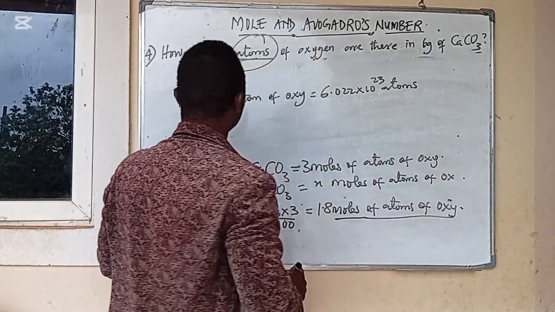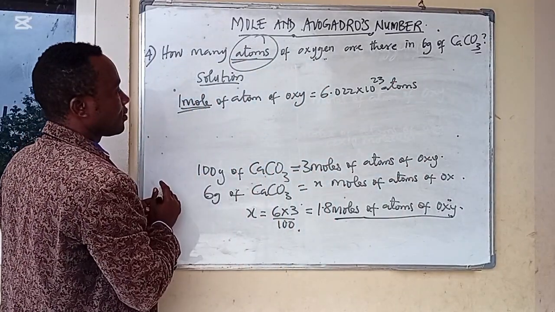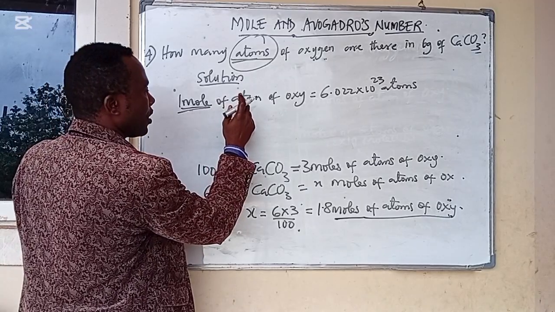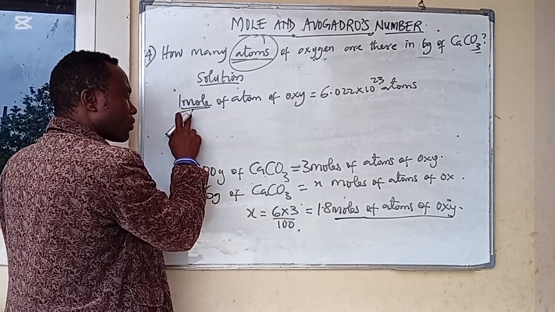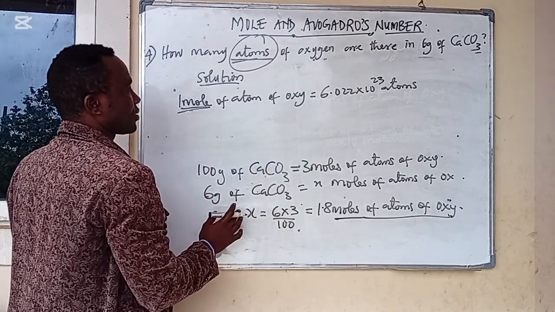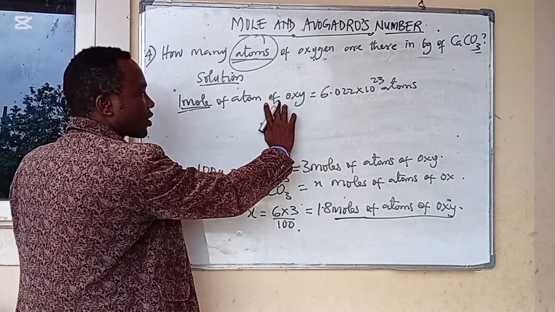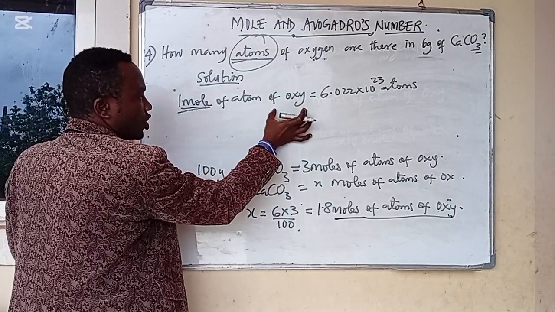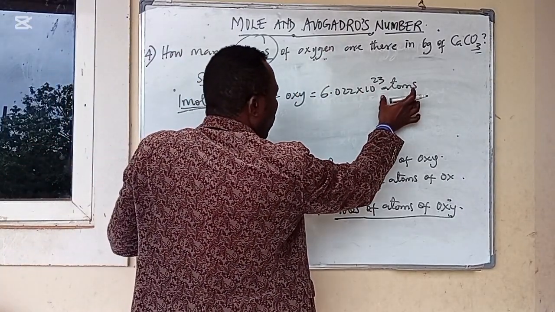You can see it now. 1 mole of anything, be it 1 mole of electron, a molecule, or any substance, will give you this number of particles. So 1 mole of atom of oxygen will give us this number of atoms of oxygen.